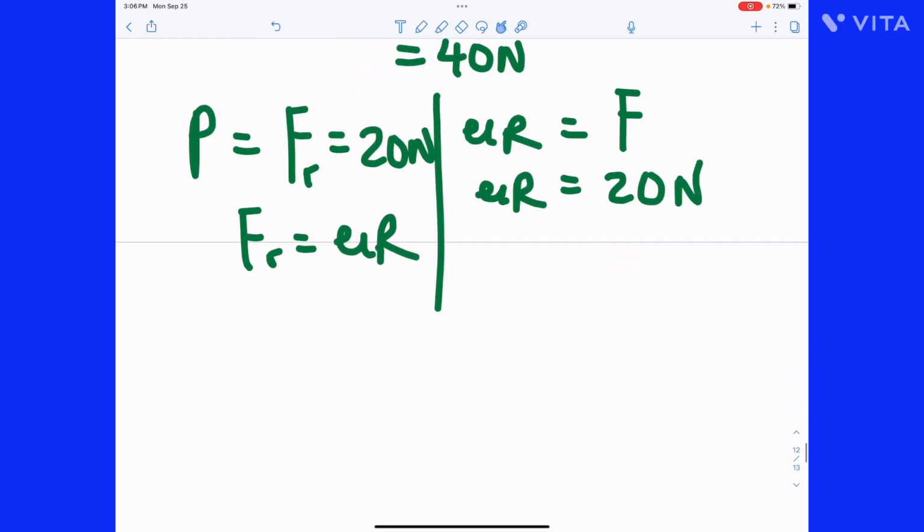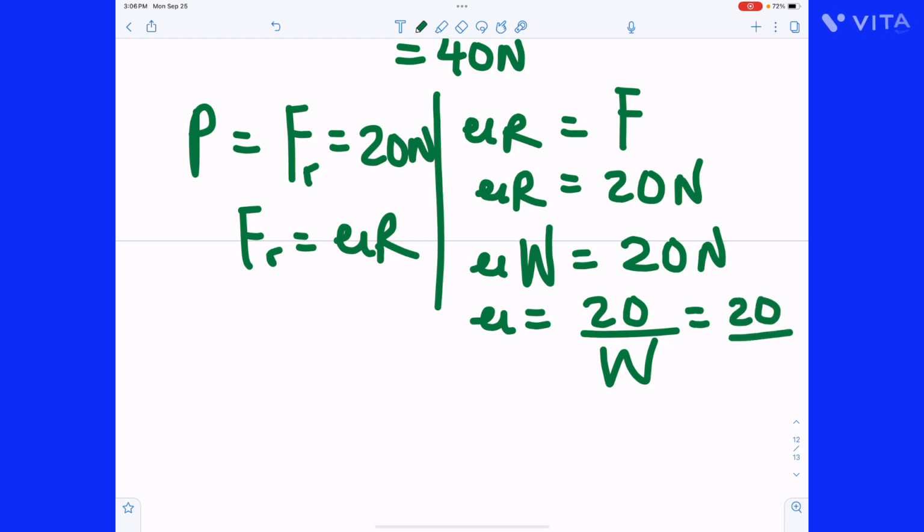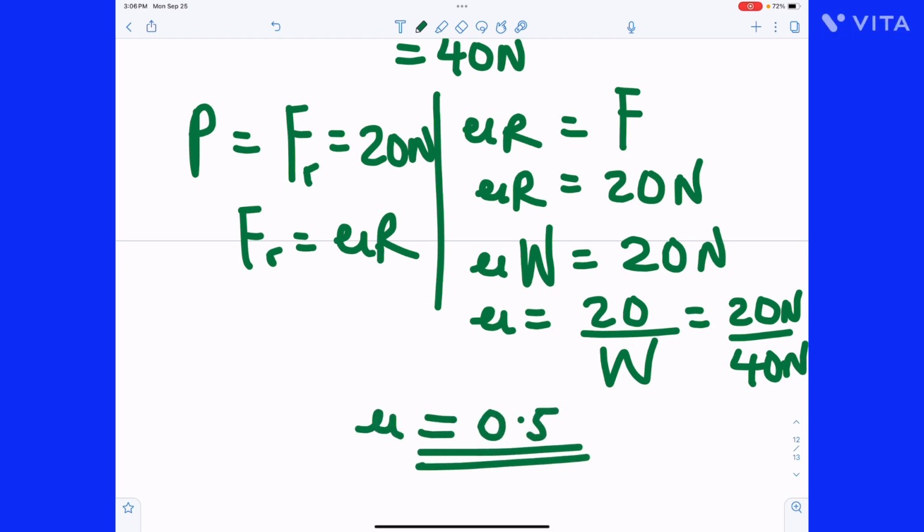R is W, so mu W is 20 Newton. So mu is 20 Newton over W, which is 20 over 40, and that gives a coefficient of friction of 0.5.